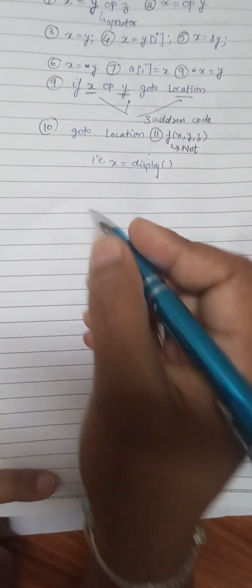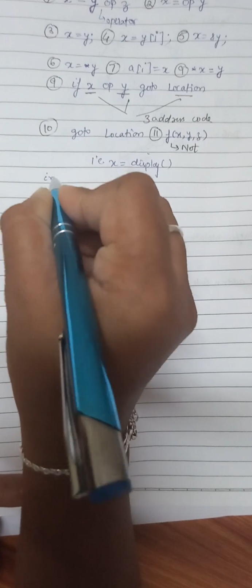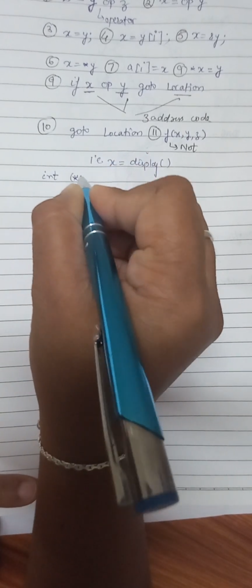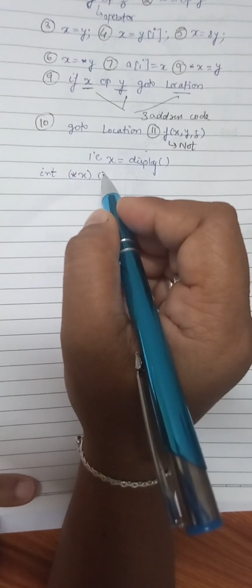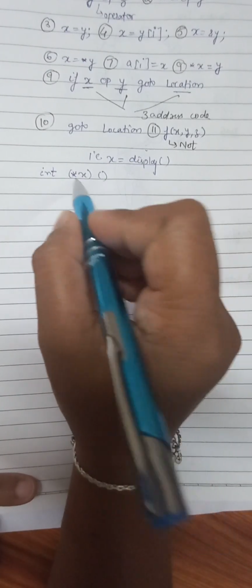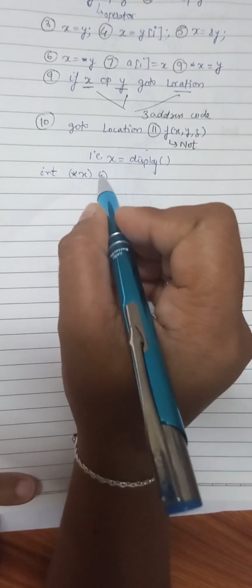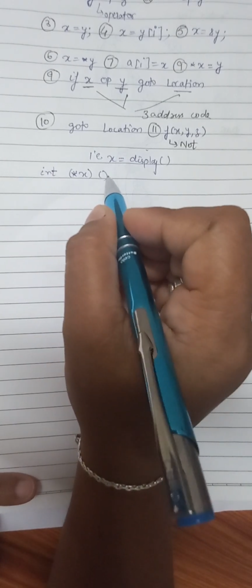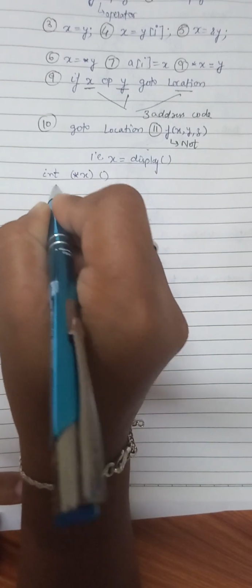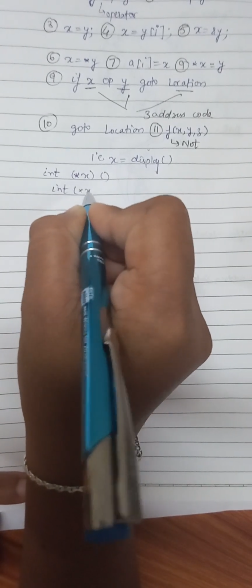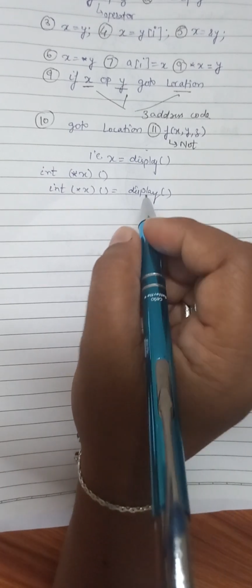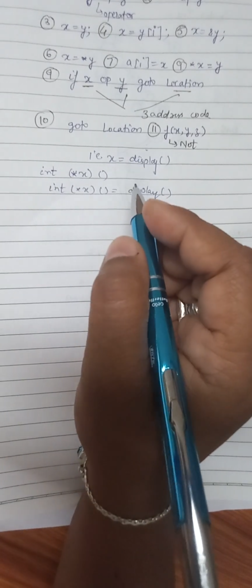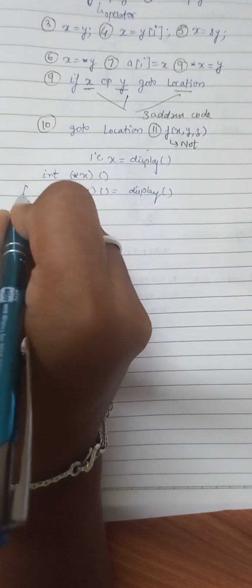Similarly, if we write integer pointer x, this is a pointer variable x that contains the address of a function. So we can write integer is equal to display. It means it is calling the display function. Right? So this is an example.